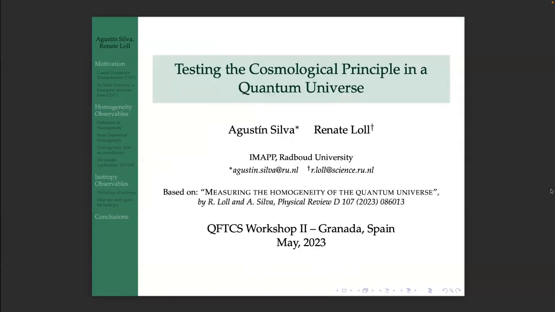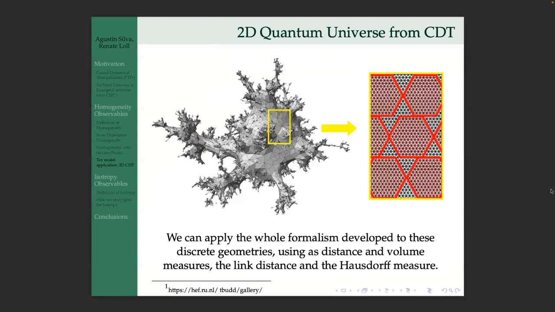Now, I'm going to show you just a simple application to a toy model, because there are many technicalities in higher dimensions, but this observable is well defined in any dimension D of spacetime. Now, as Renate showed you before, these two-dimensional quantum geometries have a really weird shape.